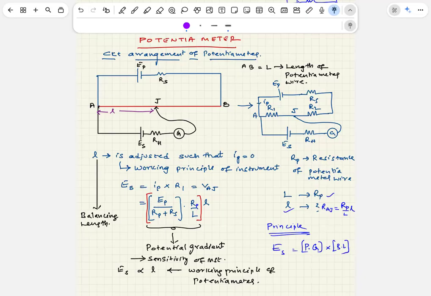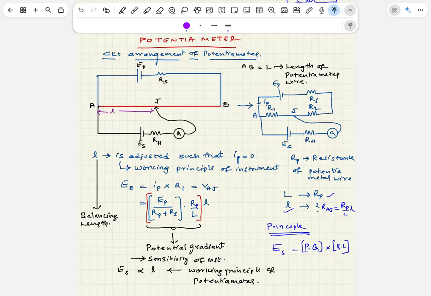It is the same as measuring the length of a chalk piece using a meter scale versus using a vernier calipers. So a potentiometer is a very sensitive, very accurate instrument for measuring both potential difference as well as current. I'll explain how in the next stage.